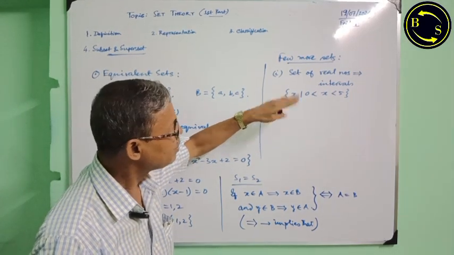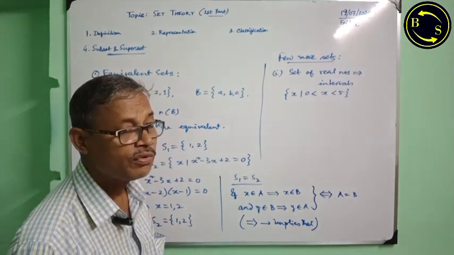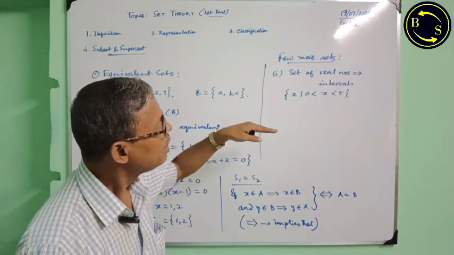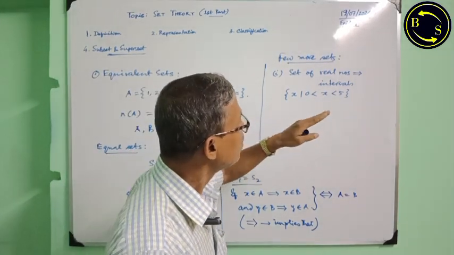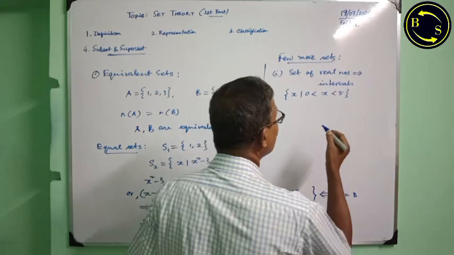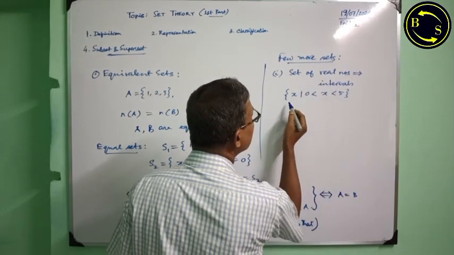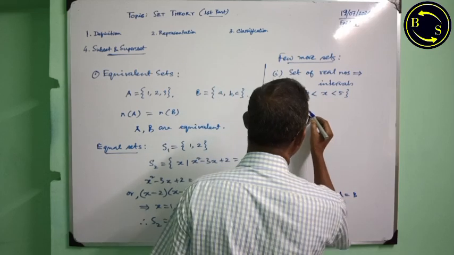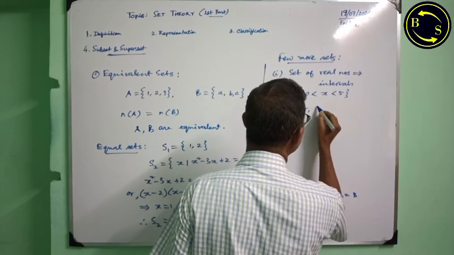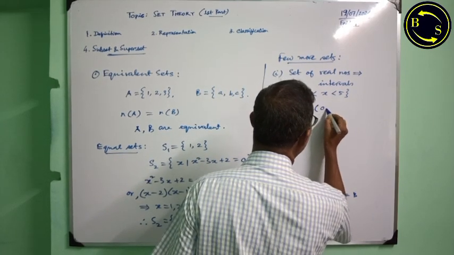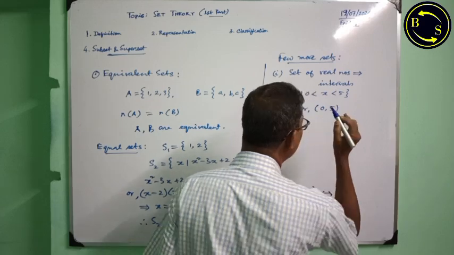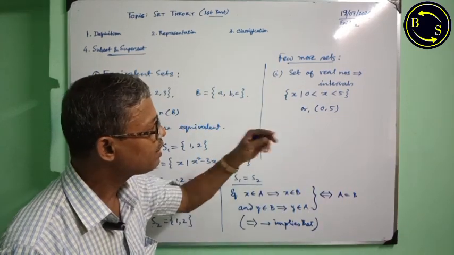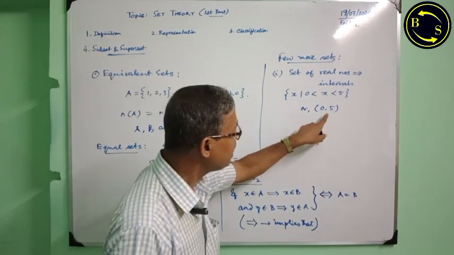Also, these are subsets of the set of reals. This is a set of intervals. Also, we write it in this form. What does it mean?